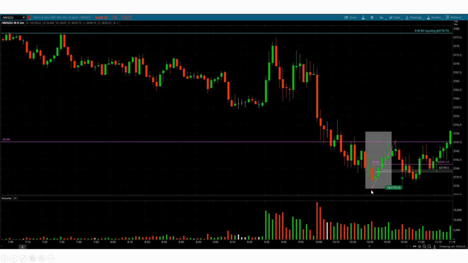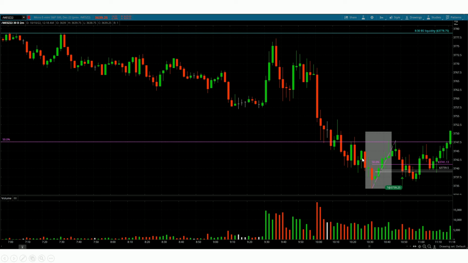And what I generally do is I take 50% of the price range after the market structure break has happened, as you can see on this 2 minute chart, around 37.45. That I think would have been 10:28 ish candle.